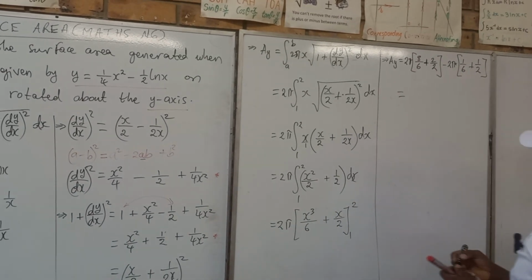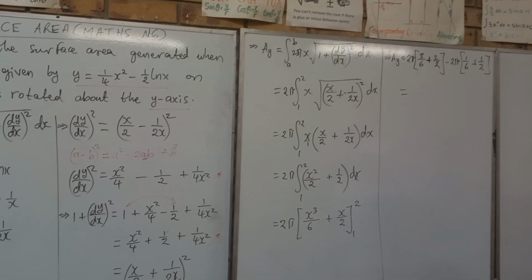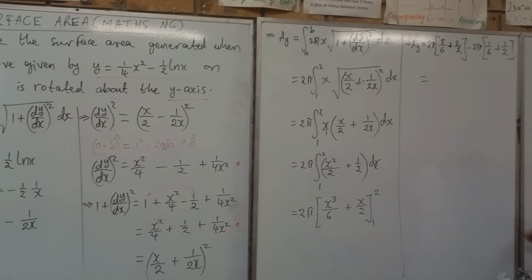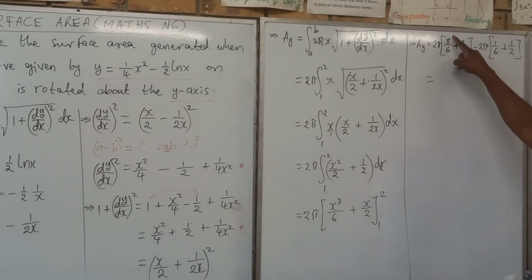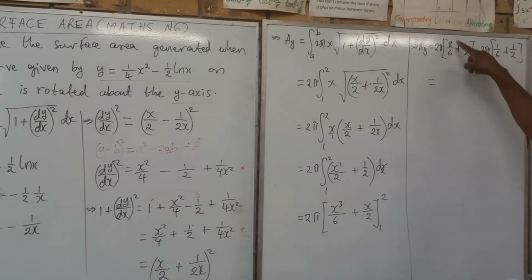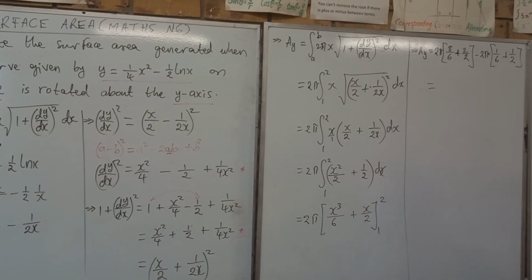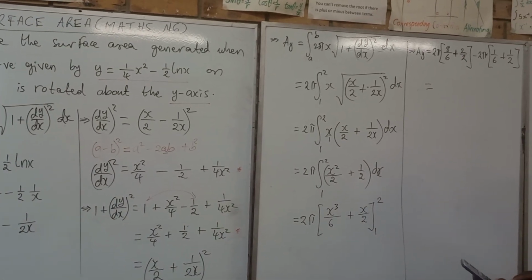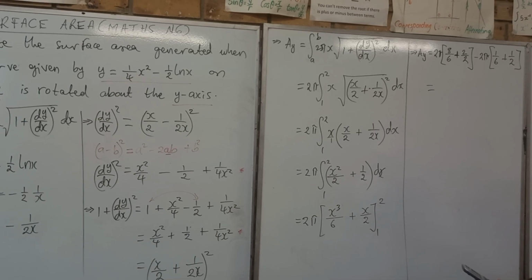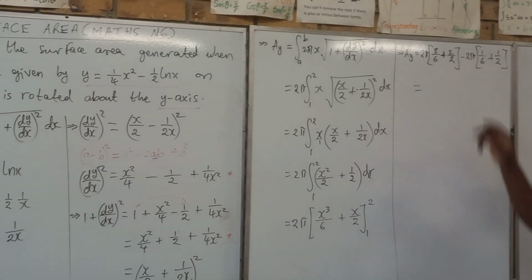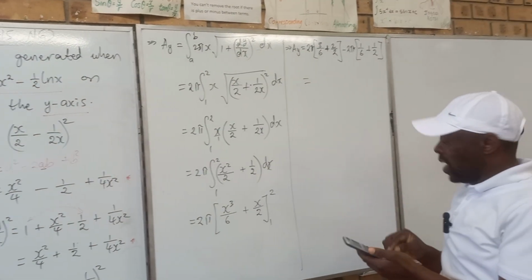Then I allow the calculator now to do the rest, knowing very well that 2 pi is common, so I'll just take 8 over 6 plus 1, minus 1 over 6 minus a half, then I'll multiply by 2 pi.